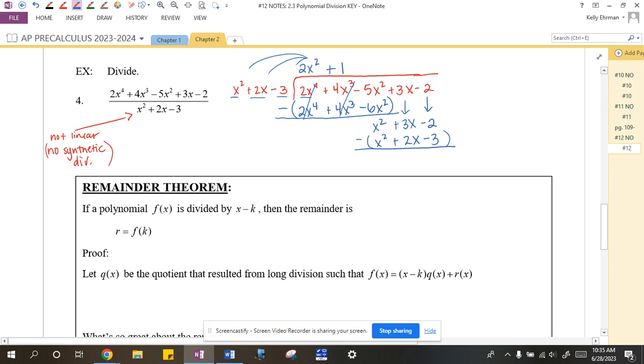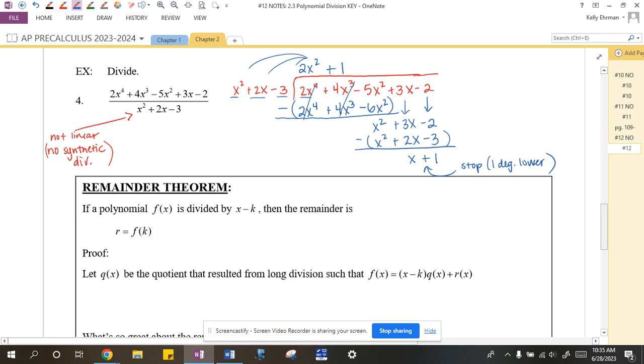We do 3x minus 2x is x. Negative 2 plus 3 is plus 1. And I have to stop here because we're 1 degree lower than what we're dividing into. If we start saying, what do we multiply x squared by to get x, we're going to say like x to the negative 1, and that's getting complicated.